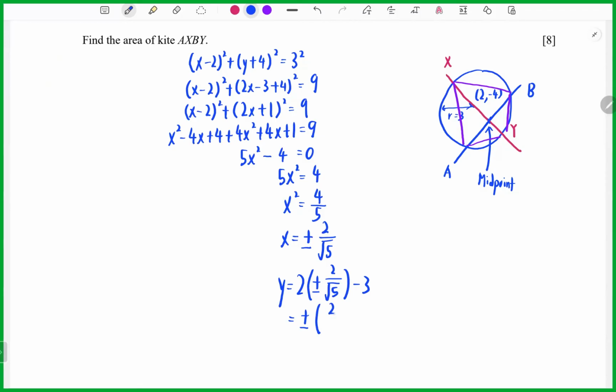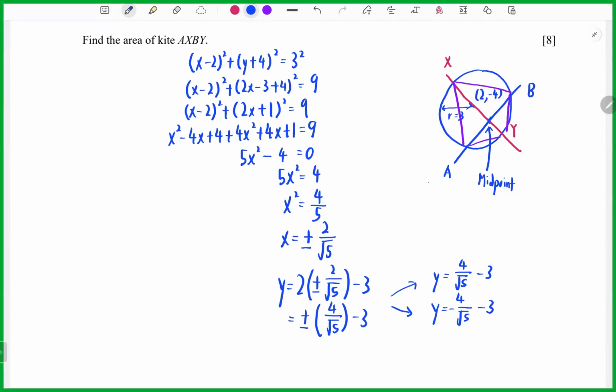When we separate out, y = 4 over root 5 minus 3, and the other is negative 4 over root 5 minus 3.